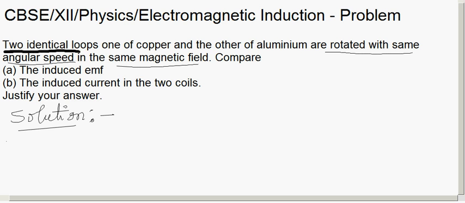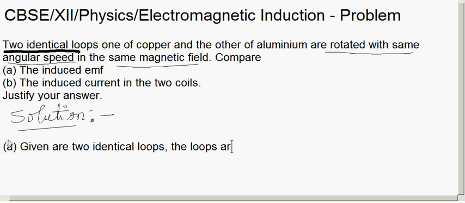We can write the answer as the induced EMF in both the coils are same. Given are two identical loops. The loops are rotated with same angular speed and in the same magnetic field.